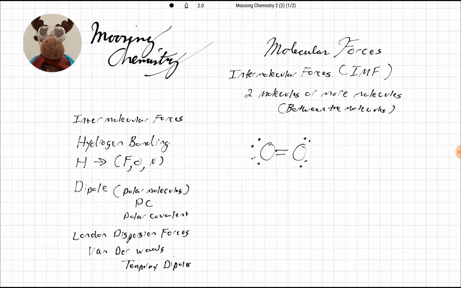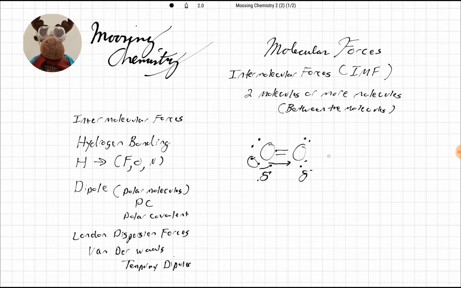So you're going to have a situation where one of these electron pairs might decide to float over this direction here. And when it does, it's going to create a temporary dipole. So this oxygen here is going to become more positive, and this oxygen is going to become more negative.